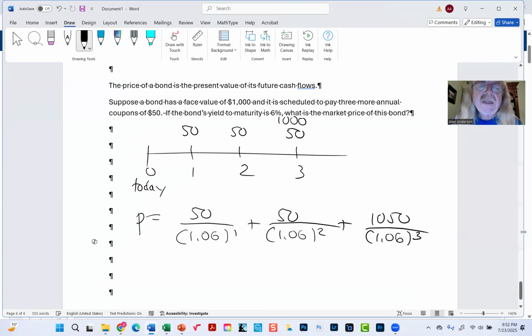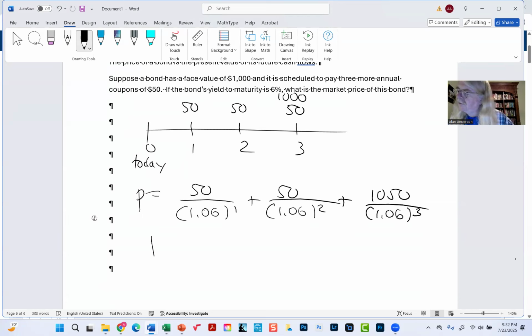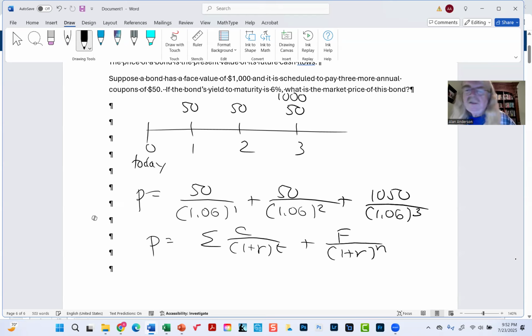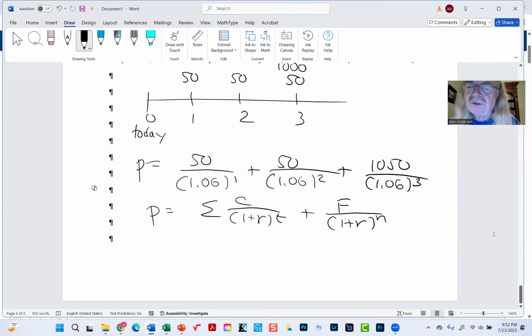So in other words, you've got the cash flows. In general, you write it like this. T is the time index, C is the annual coupon, F is the face value, N is the maturity date of the bond. Okay, so let's get that in there.